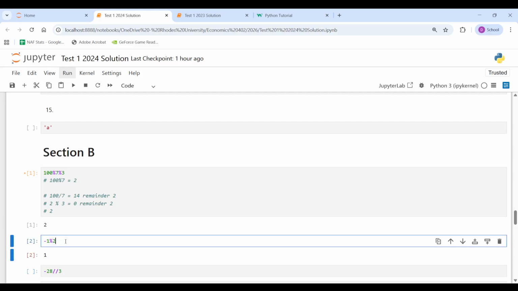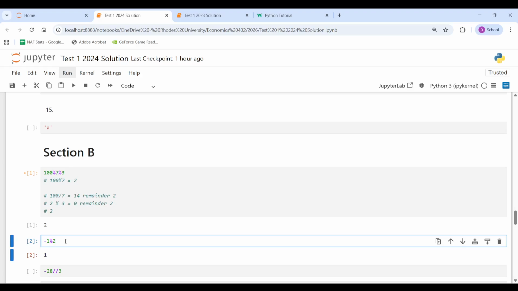You were talking about denominators and numerators, so it would be 1 over 2, which is a half, but you would need to round down to 0.